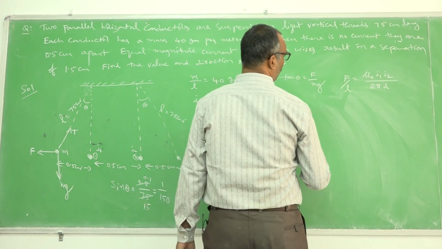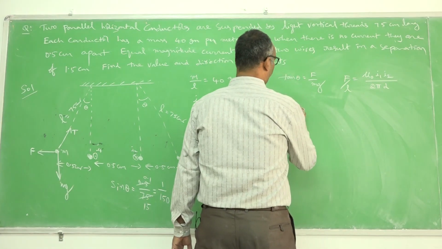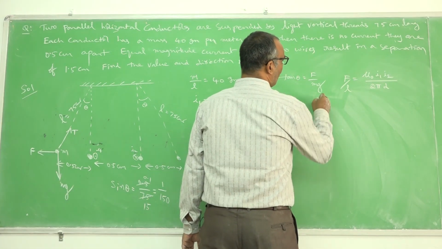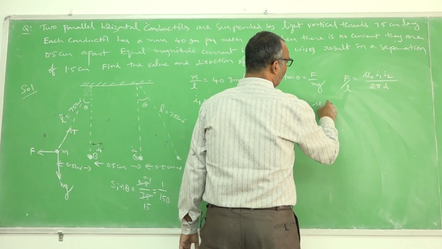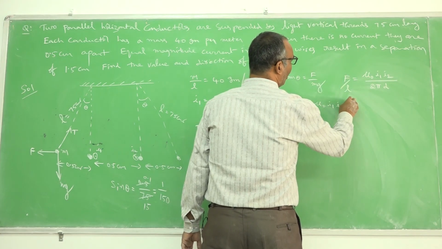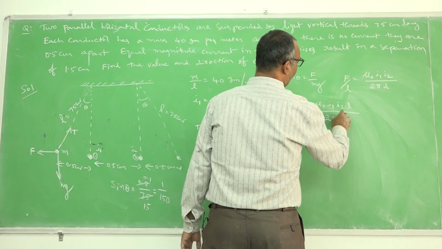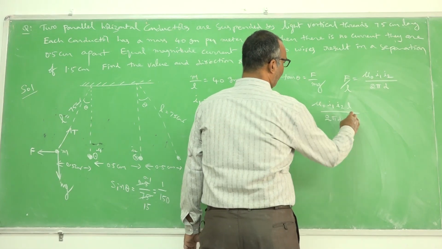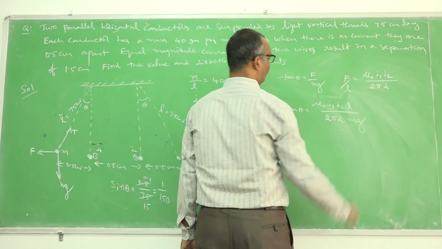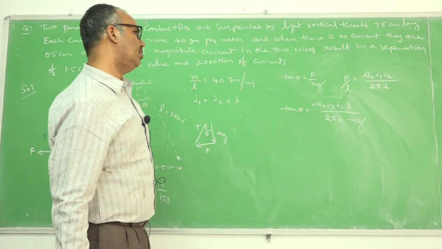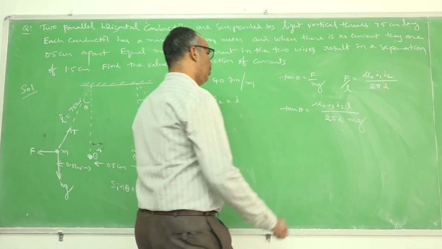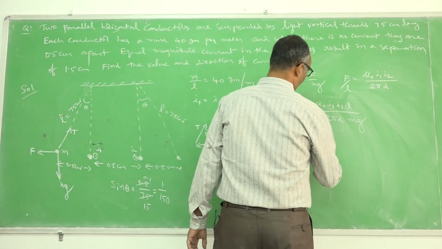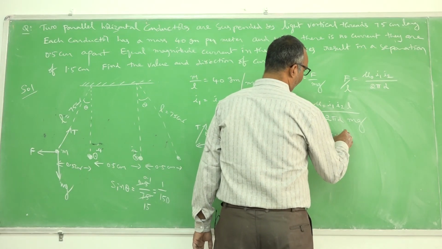So tan theta is equal to, in the place of F, I can write mu naught I1 I2 L by 2 pi d mg. You know the value of mu naught, 4 pi into 10 power minus 7.